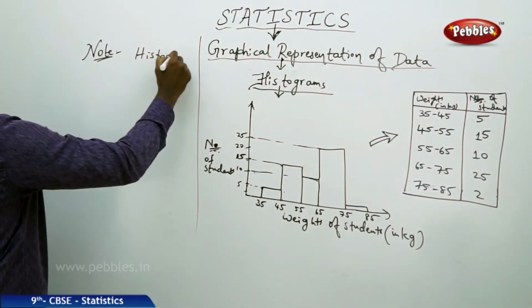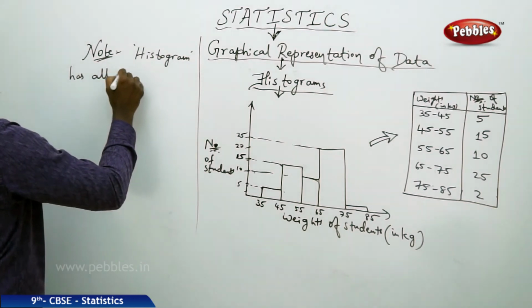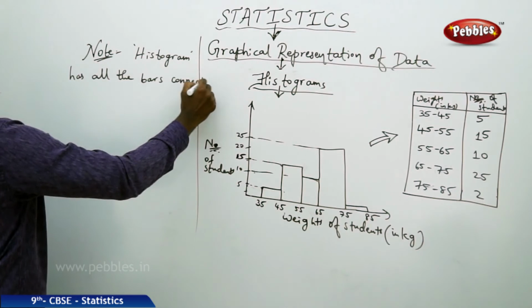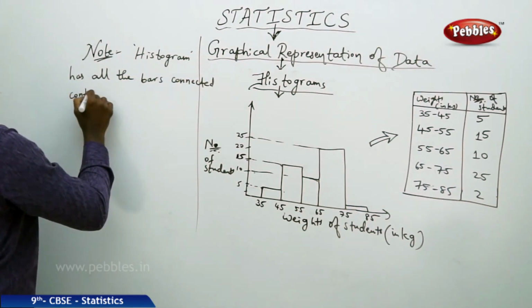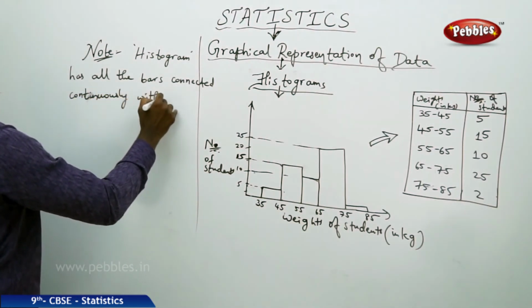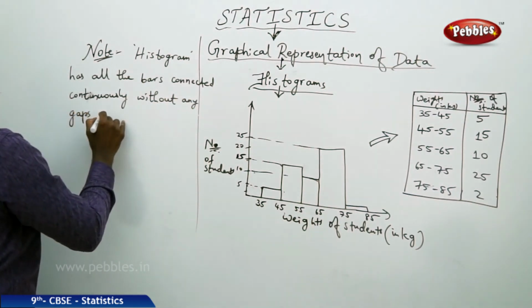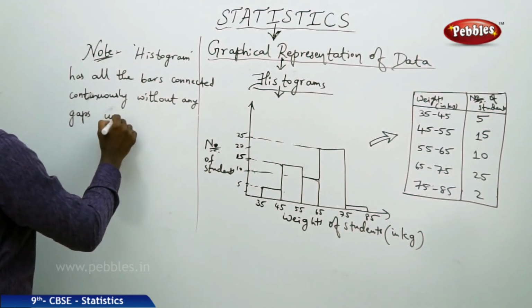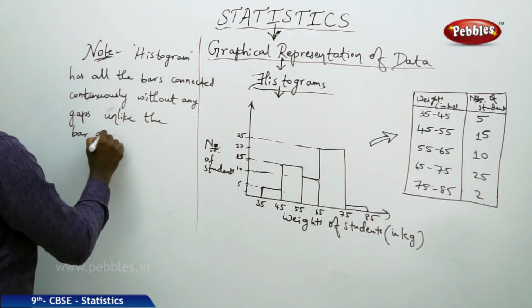A histogram has all the bars connected continuously without any gaps, unlike bar graphs.